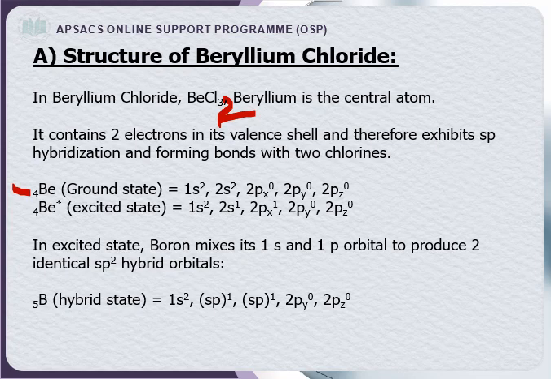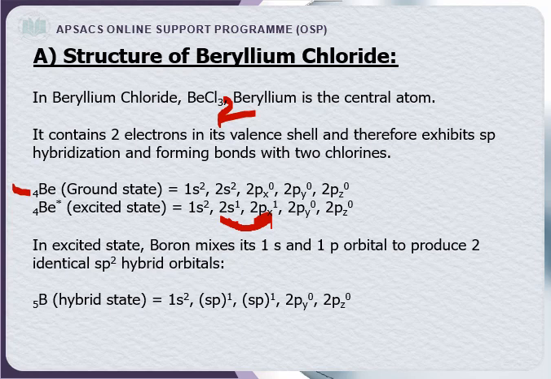Before this hybridization, it goes to an excited state in which one electron of the 2s orbital transits to the 2px orbital. So it now has two unpaired electrons, one in each of the 2s and 2p orbitals. So now it can go for two bond formation.